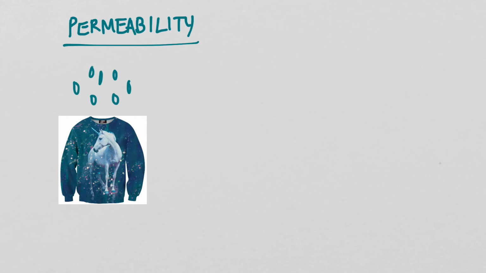If you wear this really beautiful unicorn sweatshirt here, it's not going to do a great job of keeping you dry. So this is something that we call permeable. It's a very permeable sweatshirt. Even though you can't really see it with a naked eye, it has lots of holes in it. So if you're going to wear it and you're outside and it's raining, you will get wet.